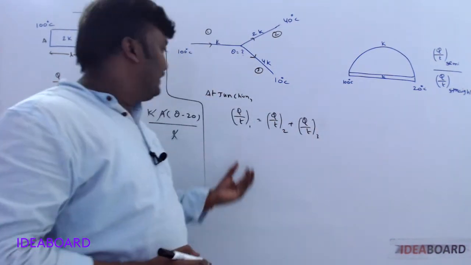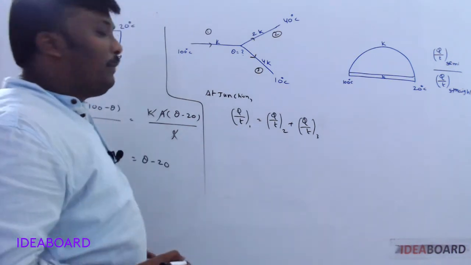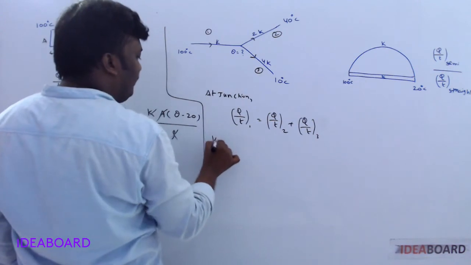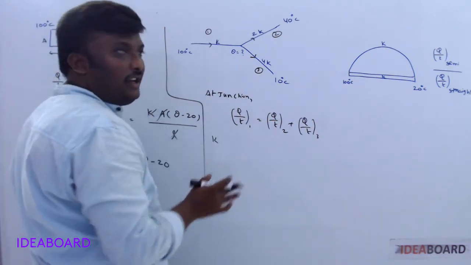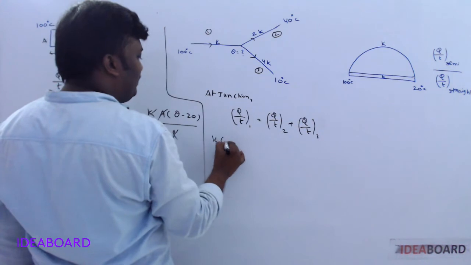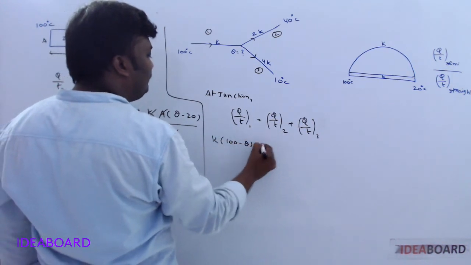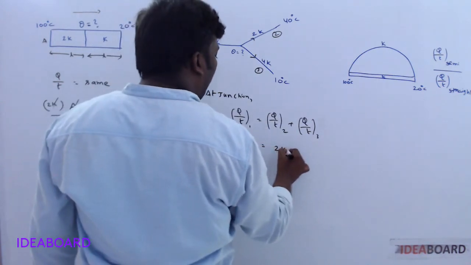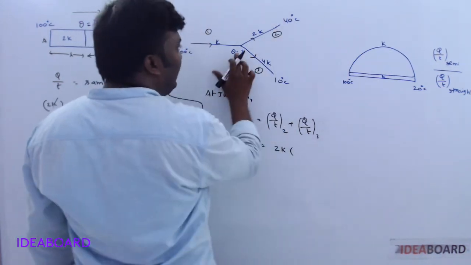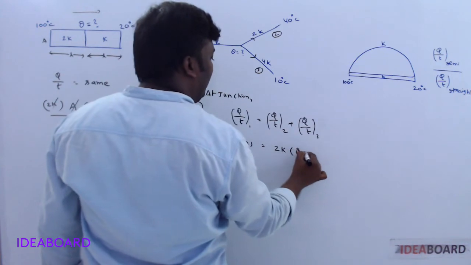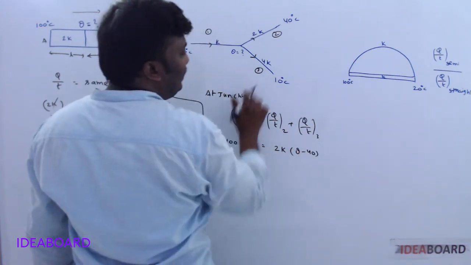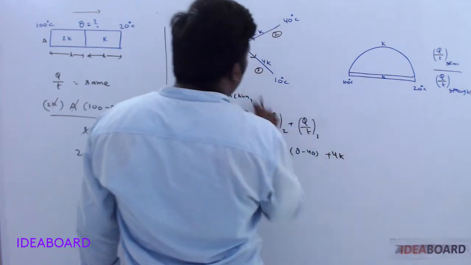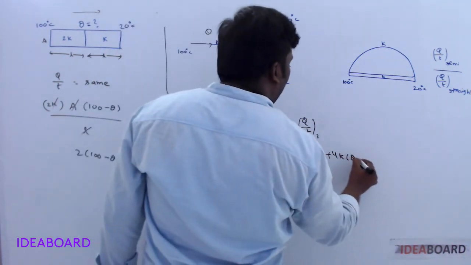I said heat current is represented by Q by T. The Q by T formula is K A theta 1 minus theta 2 by L. For this rod, K, area constant, length constant, leave it. Temperature difference is 100 minus theta. For the second rod, 2K, and heat flows in this direction, so the temperature difference is theta minus 40. For the third rod, 4K into temperature difference theta minus 10.